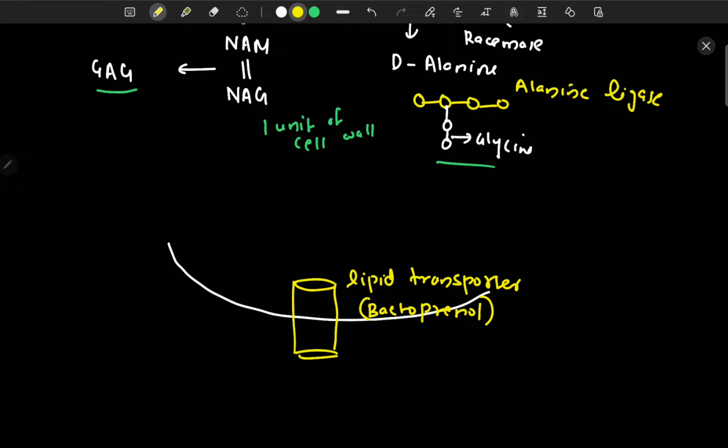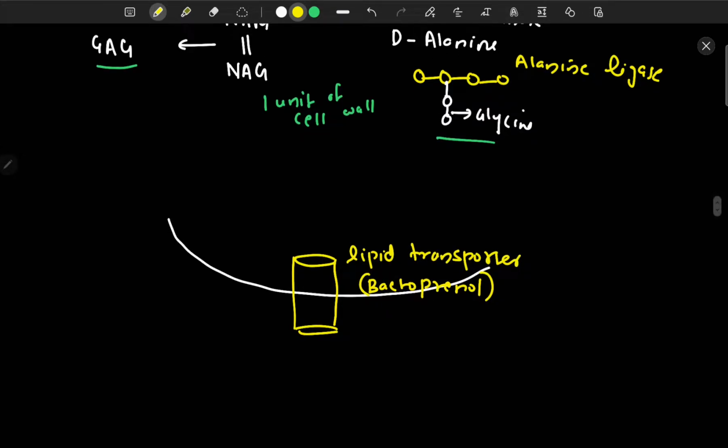So by the lipid transporter bactoprenol, this 1 unit of cell wall is transported out to synthesize the cell wall, because the cell wall is present outside the cell membrane.